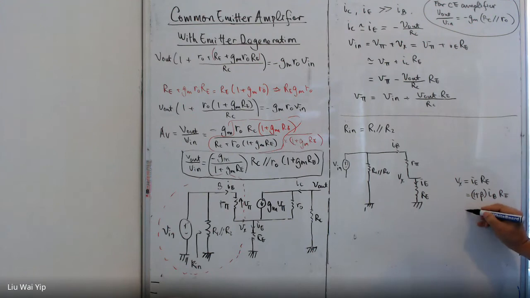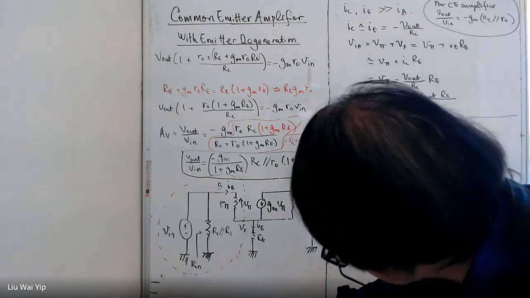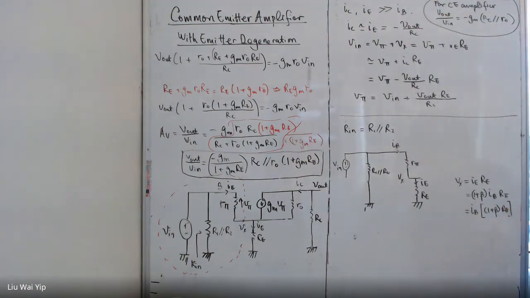So, do you agree that we can use the algebraic trick here to rewrite the circuit? In this case, Vx is equal to IB times this much resistance. So why don't we just convert this into this equation?